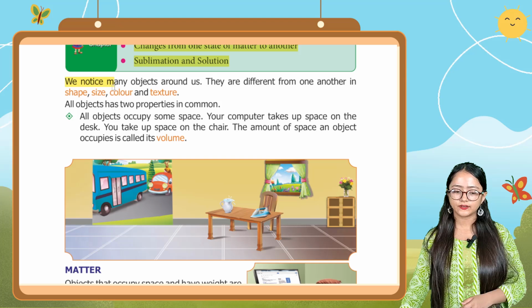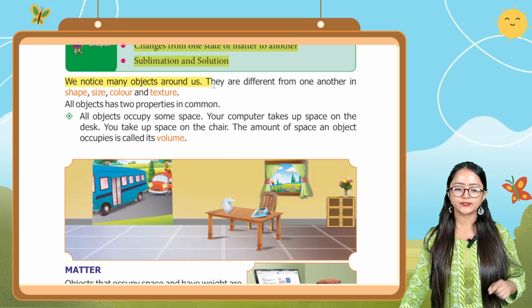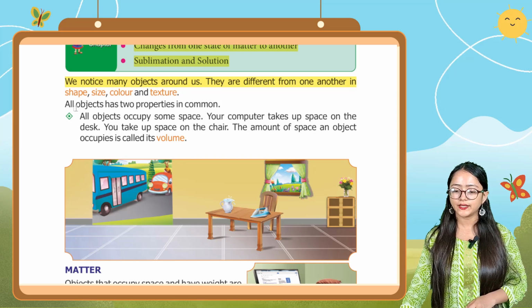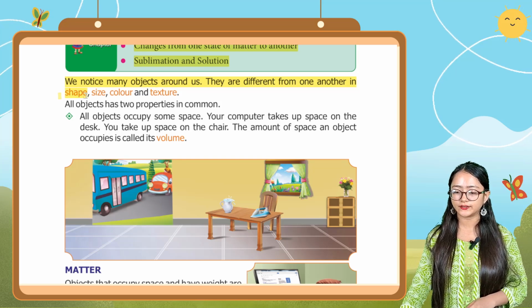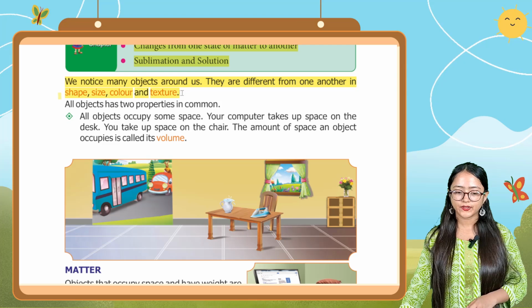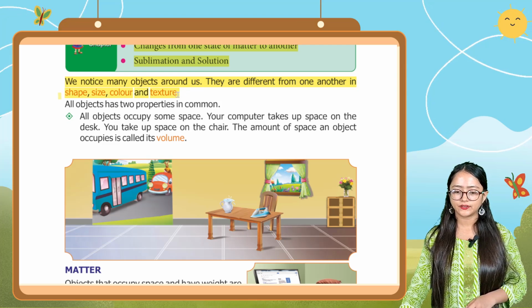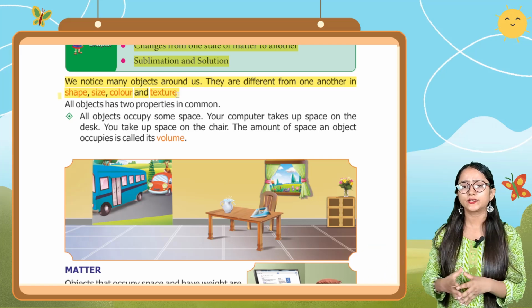The first and foremost thing it says is that we notice many objects around us. They are different from one another in shape, size, color and texture.